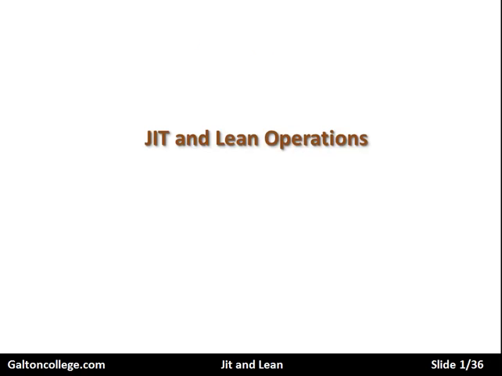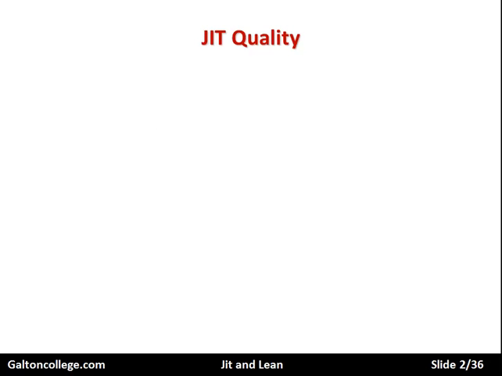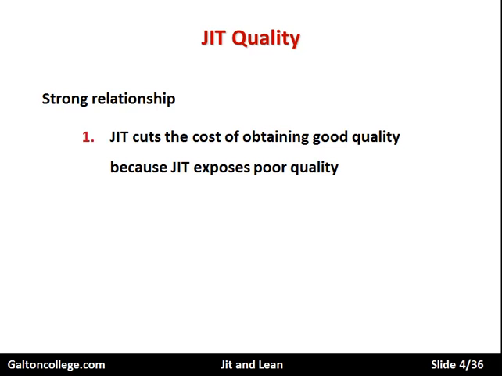So to start, first of all, let's talk about JIT and quality. Well, for a start, there is a strong relationship. JIT cuts across the cost of obtaining good quality, because JIT exposes poor quality.